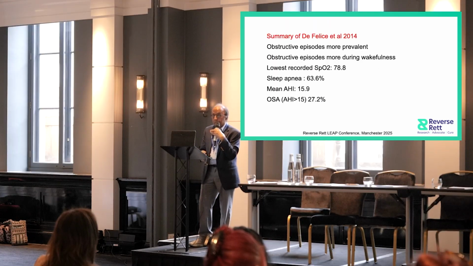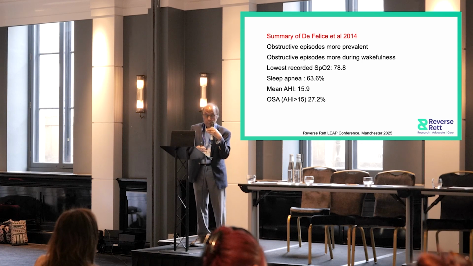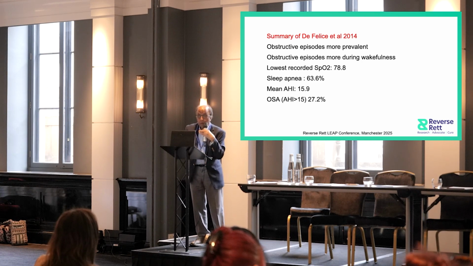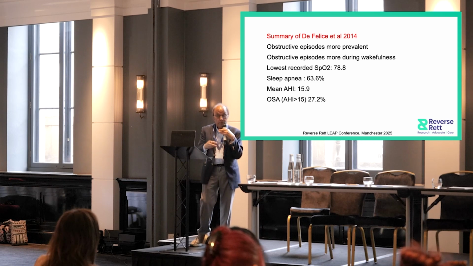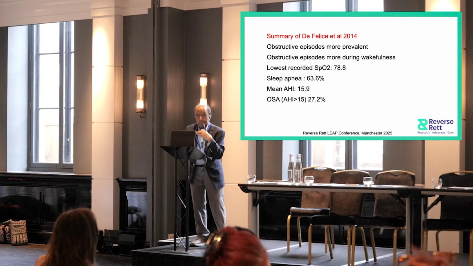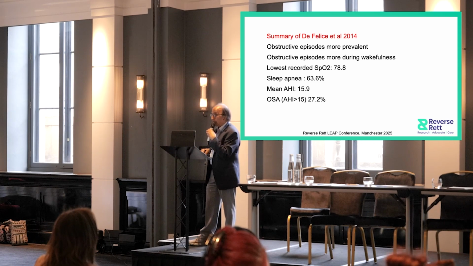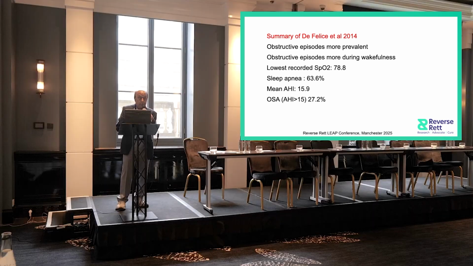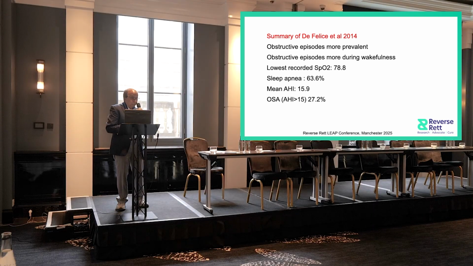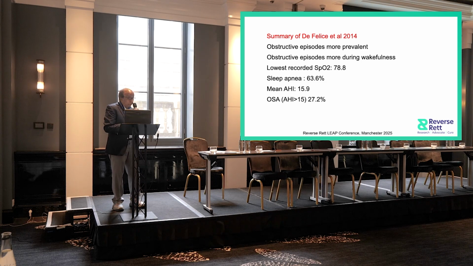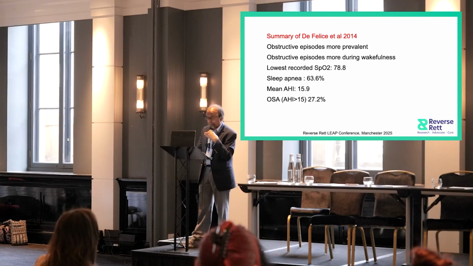So, in summary, these guys found that obstructive episodes were more prevalent during the wakefulness time, and the lowest level of oxygen they found was 78.8, and sleep apnea was present in 63%. And AHI in the mean population was like 15.9, but in the patients who had obstructive sleep apnea, naturally a more severe problem, the apnea hypopnea index was 27.2.